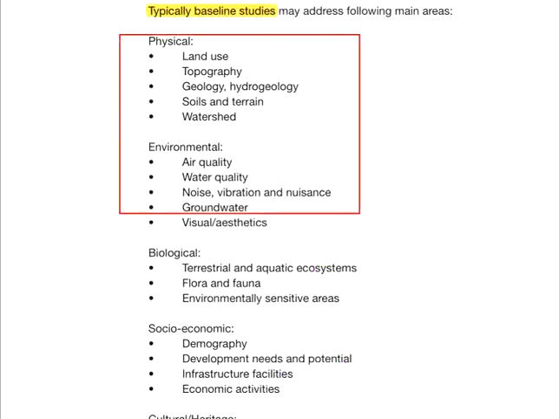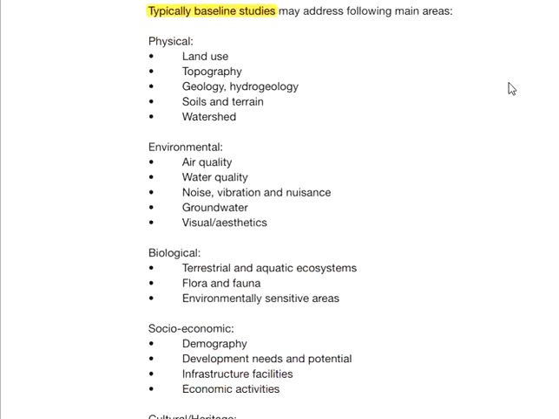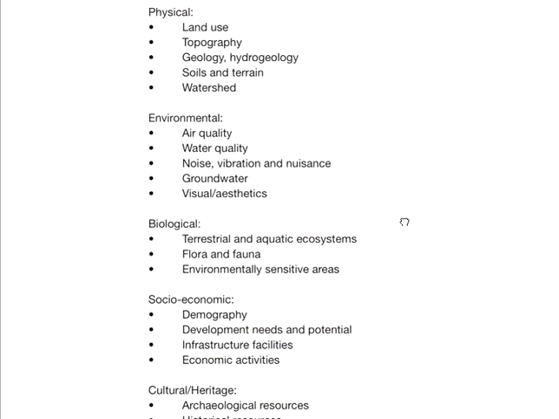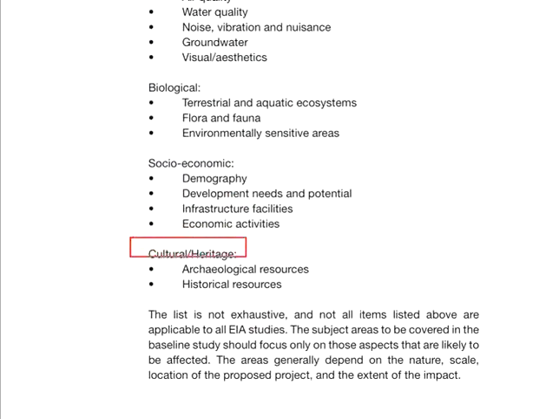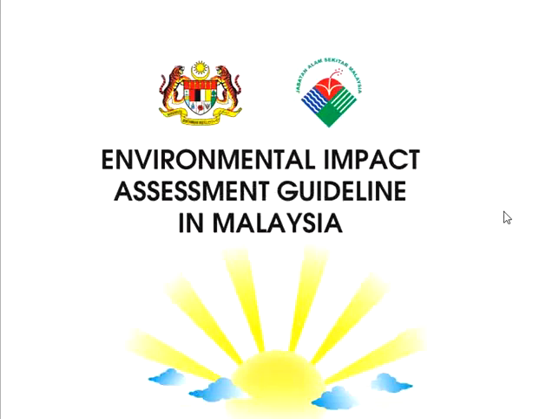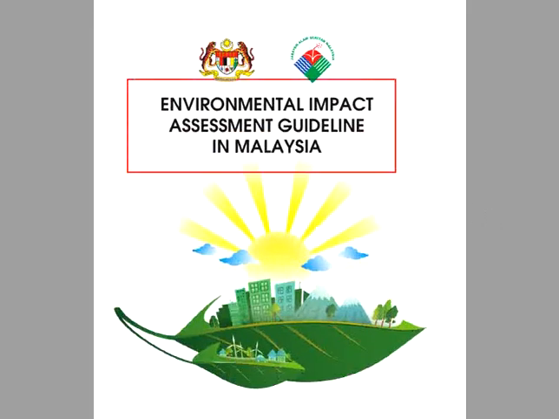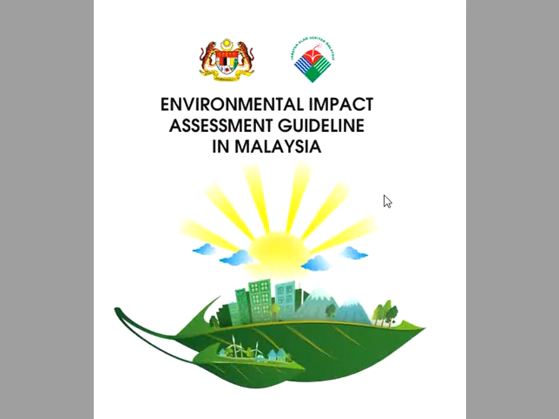You may take this as a guide, considering the impacts to the physical, environmental, biological, socio-economic, cultural or heritage aspects. This can be acquired from the Environmental Impact Assessment Guideline in Malaysia.